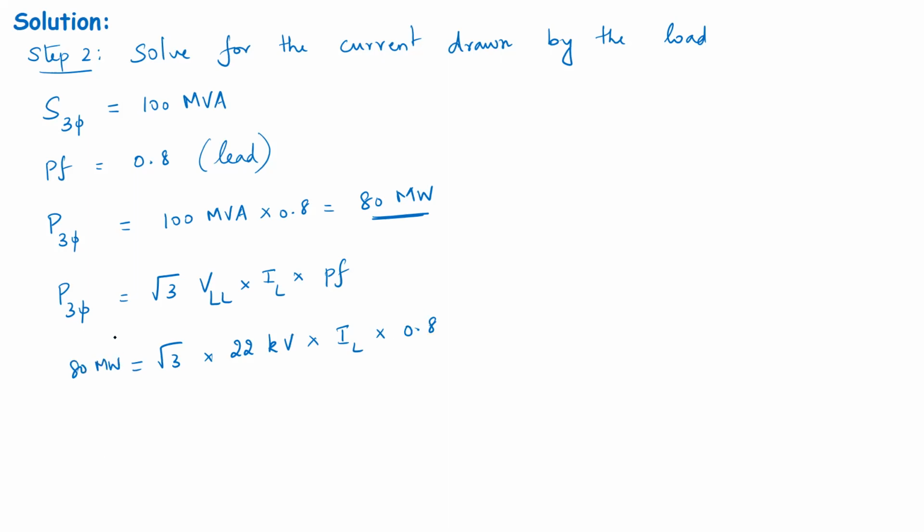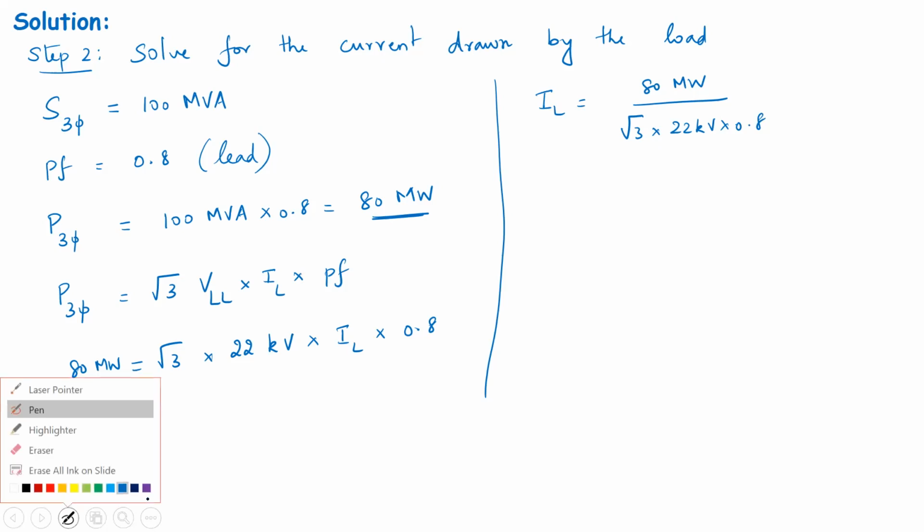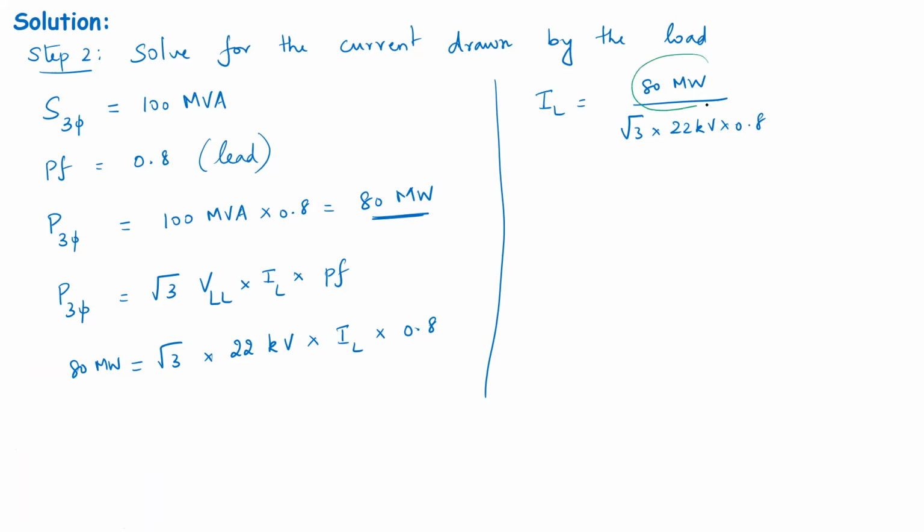Now, if I rearrange this expression, I get the line current, which is the unknown variable, as 80 megawatts divided by root 3 into 22 kV into 0.8. Incidentally, this ratio of 80 megawatts over the power factor 0.8 is nothing but the apparent power, 100 MVA.